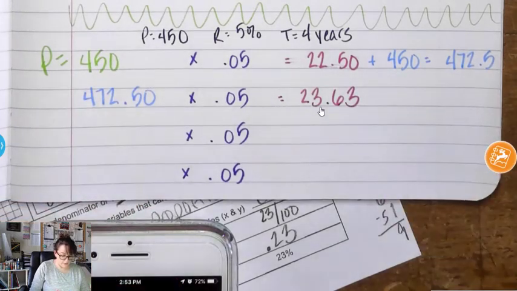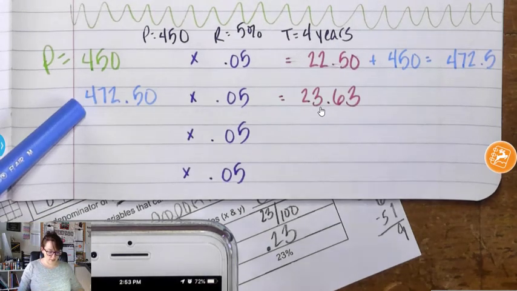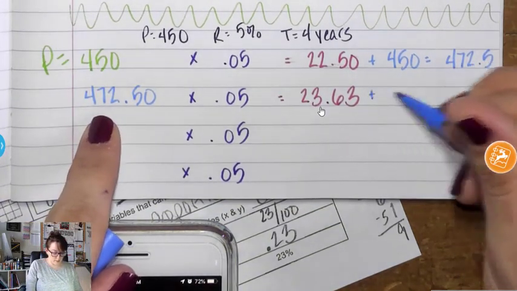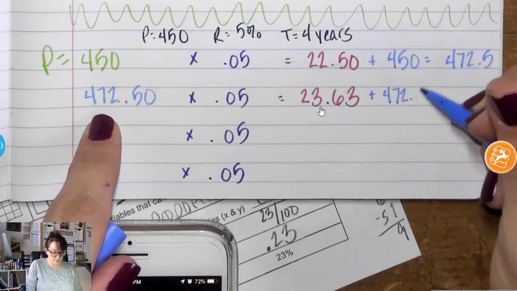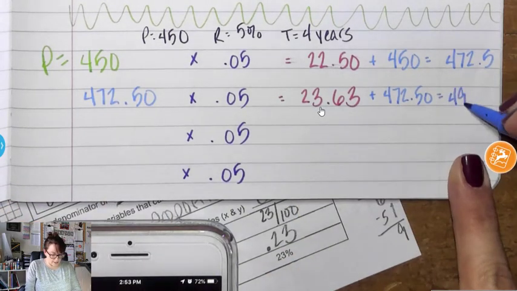How much money did he have at the beginning of year 2? 472.50. So I have to add this number back: 23.63 plus 472.50, which is 496.13.